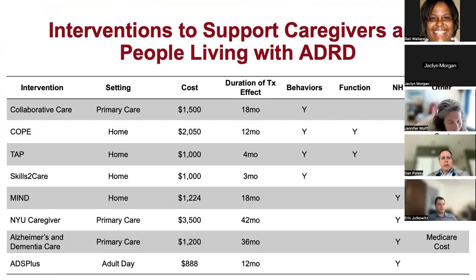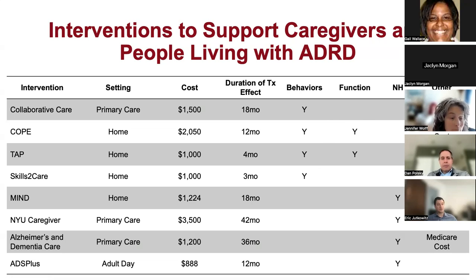Four of these interventions, the bottom 4, reduced the risk of transitioning to a nursing home, and that was the Alzheimer's and dementia paper that I had a figure for. And for the other 4, we're working on summarizing the results right now, they either addressed or reduced the number of behavioral symptoms or reduced the rate of functional decline.